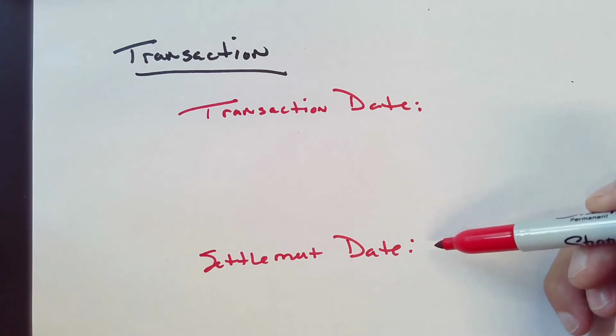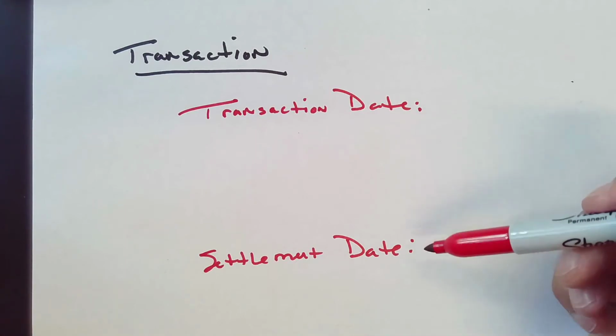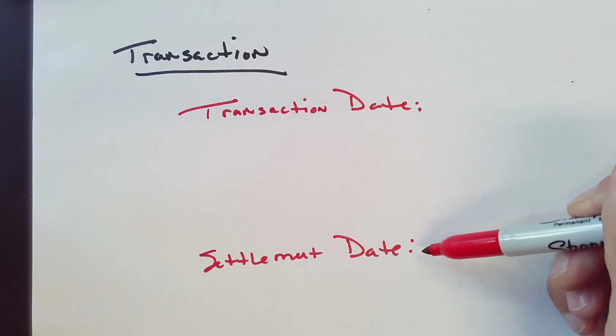If the exchange rate changed between the transaction date and the settlement date, then I'm going to get the same amount of yen, but it may not be worth as many US dollars, or maybe worth more US dollars.